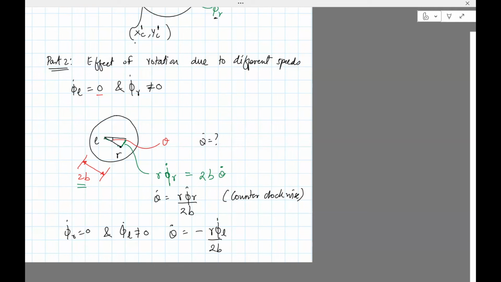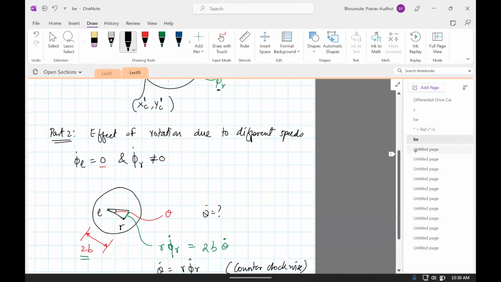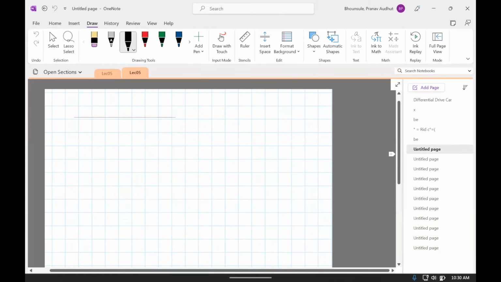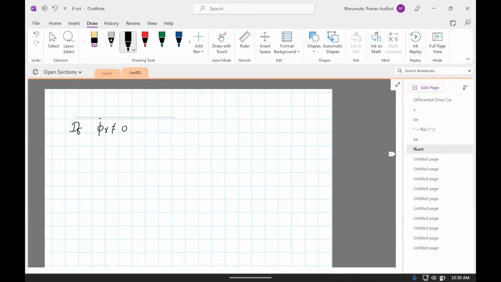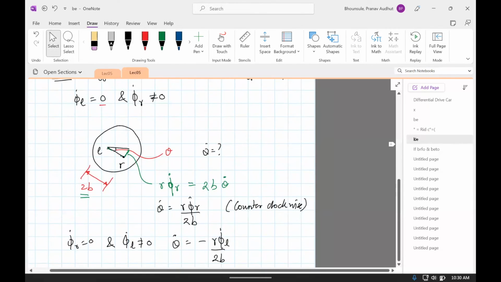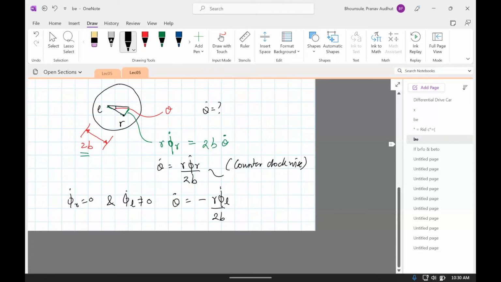So I can now take these two cases and superimpose them because they are all linear functions of phi. So now I can get the general case, where phi dot r is not equal to 0 and phi dot L is not equal to 0. Let's use these expressions; let's call this 3 and this 4.